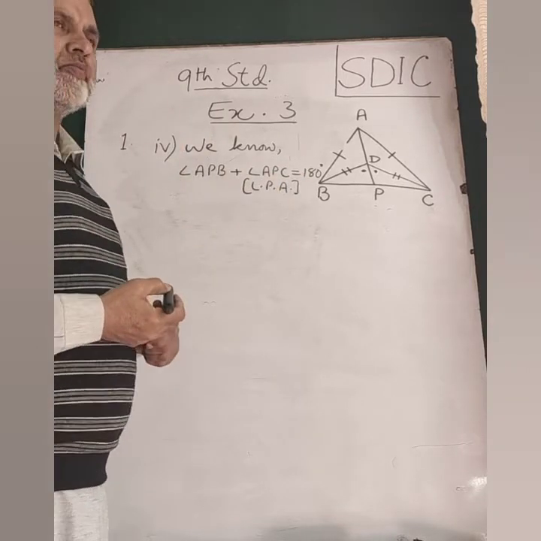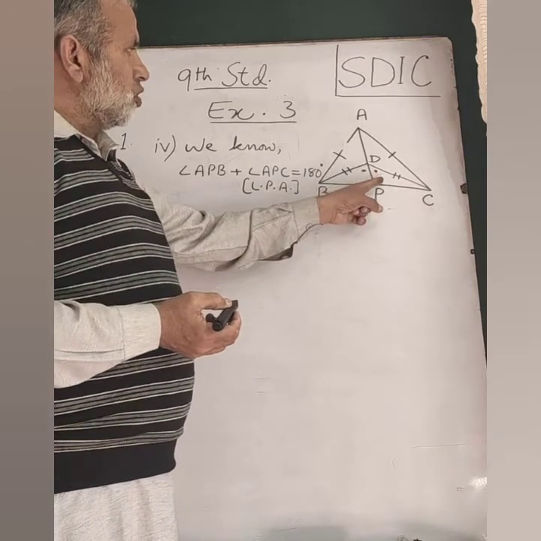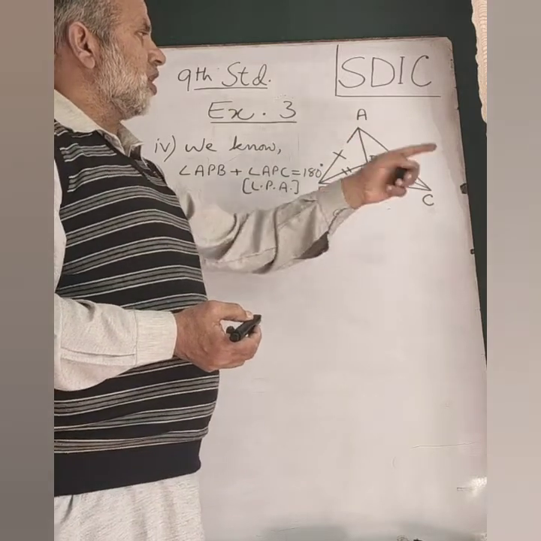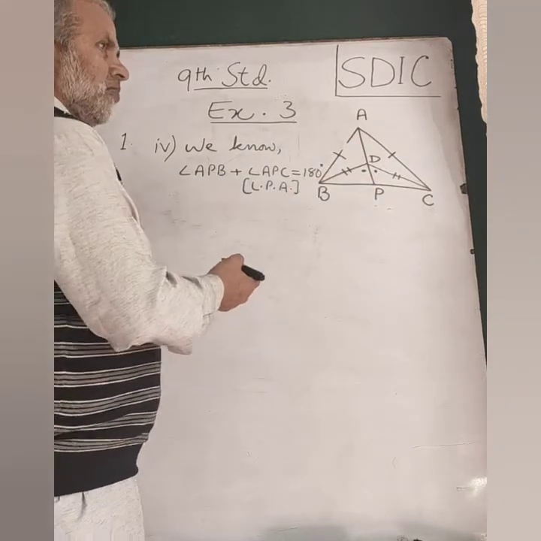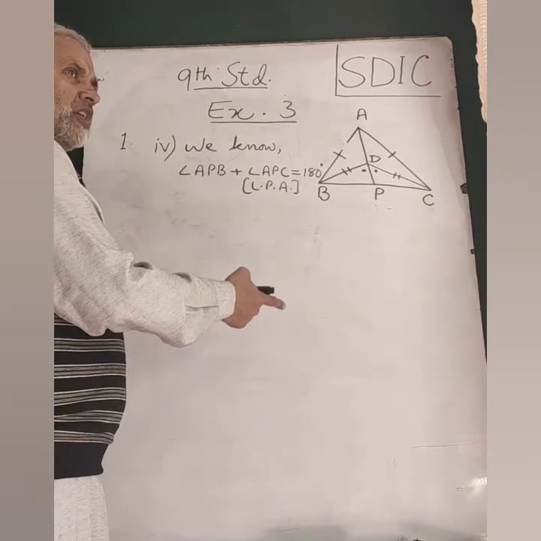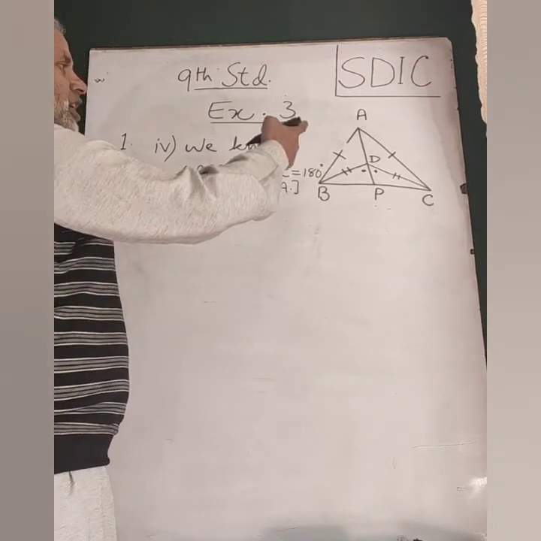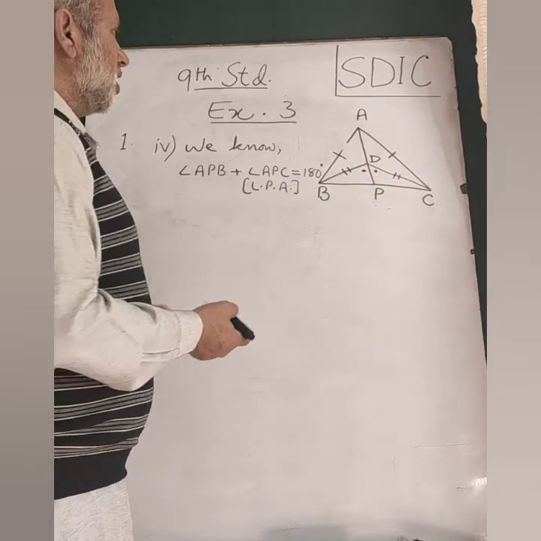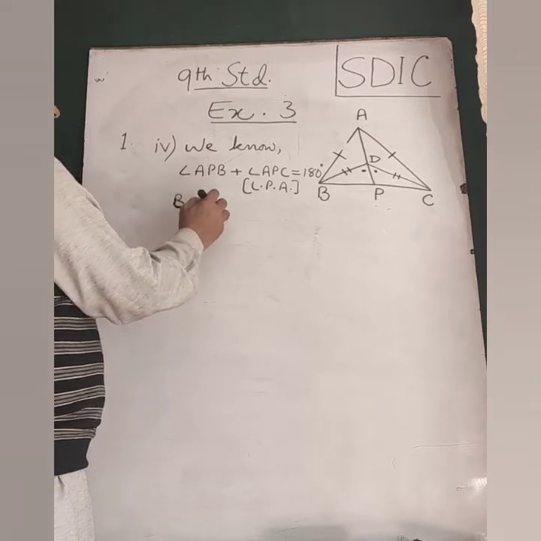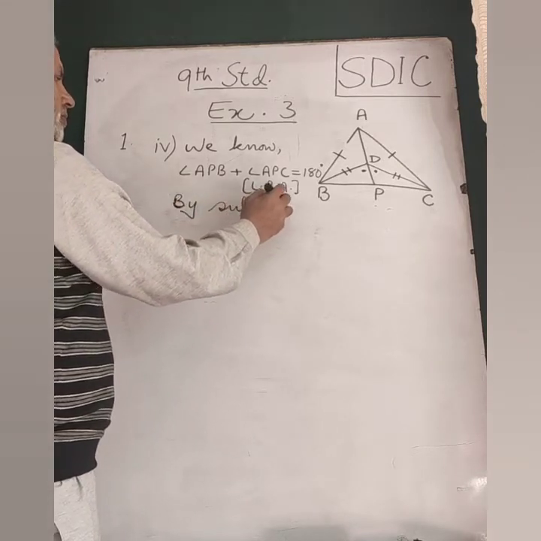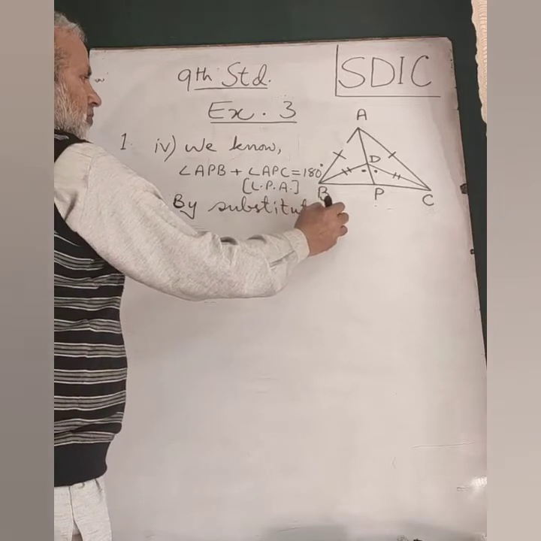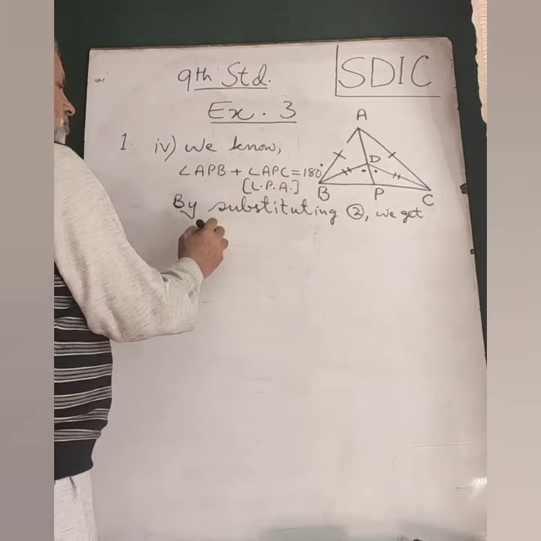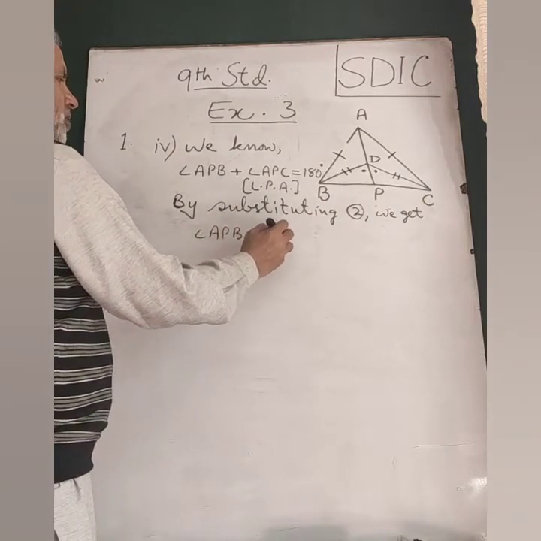We have proved it. And then we have also proved these two angles are equal. Angle APB we have proved equal to angle APC. Look at mark number 2 we have earlier put. Angle APB we have written equal to angle APC. I have just now rubbed that. We'll use that by substituting second. We get angle APB plus angle APB.